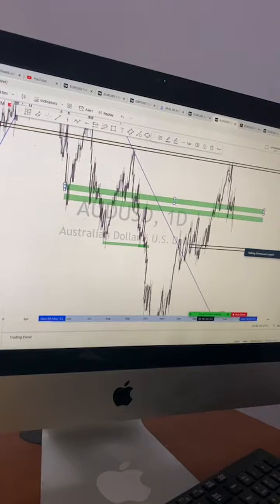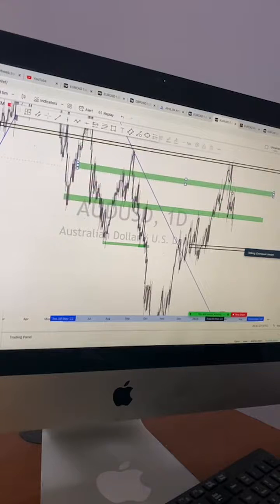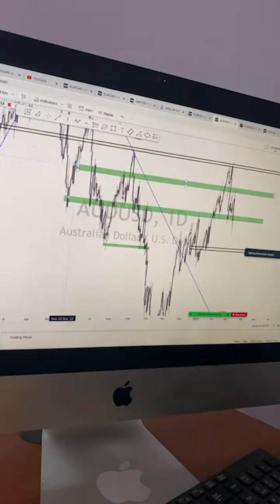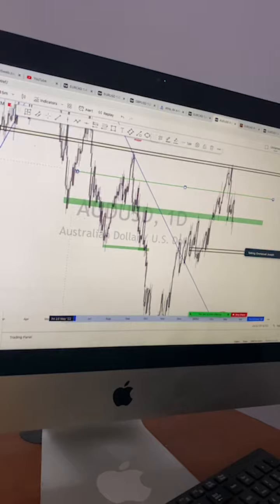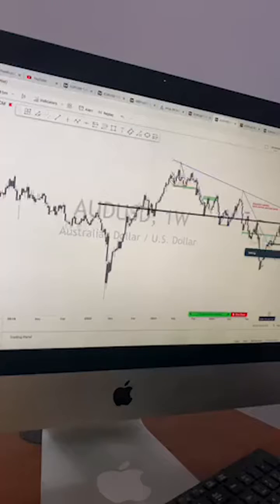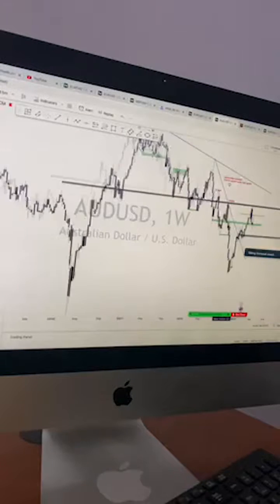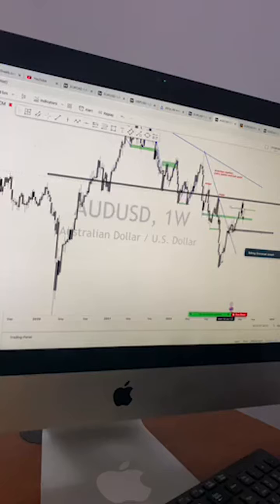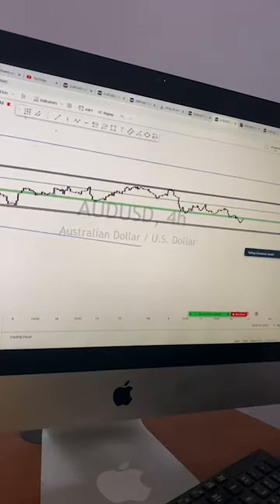But in a way, you can find something like a head and shoulders here. Let's look at it on weekly. So let's come to H4 and see if it's there.